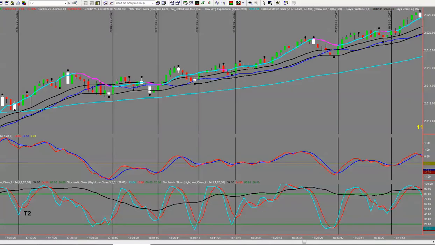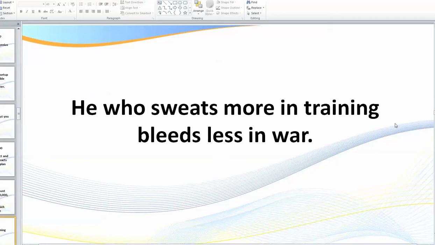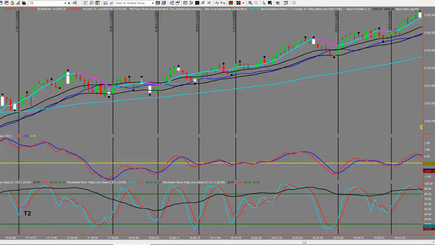Now something I want to quickly flick up before we move on is this. It's a statement they say that's been around for years: he who sweats more in training bleeds less in war. Now what that really means is this: those traders that backtest, that spend time on the simulator and gain a lot of screen time, are the traders that are going to do much better in the short, medium, and long term.